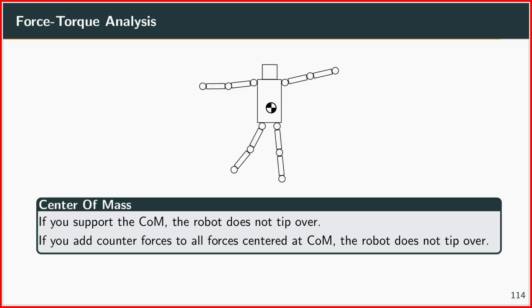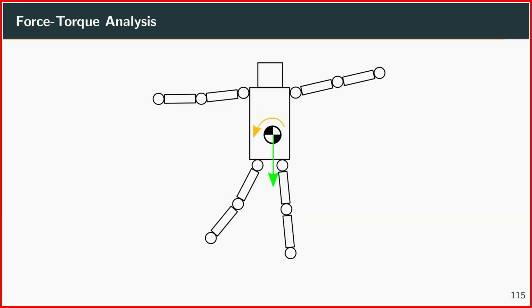And I would say a little bit of a consequence here is also that if you add counter forces to all forces relative to the center of mass, then the robot does not tip over. So for our case here, this would mean forces and rotational forces or torques can be just seen at the center of mass. And if we could stabilize those forces and torques here at the center of mass, then the robot would not tip over.